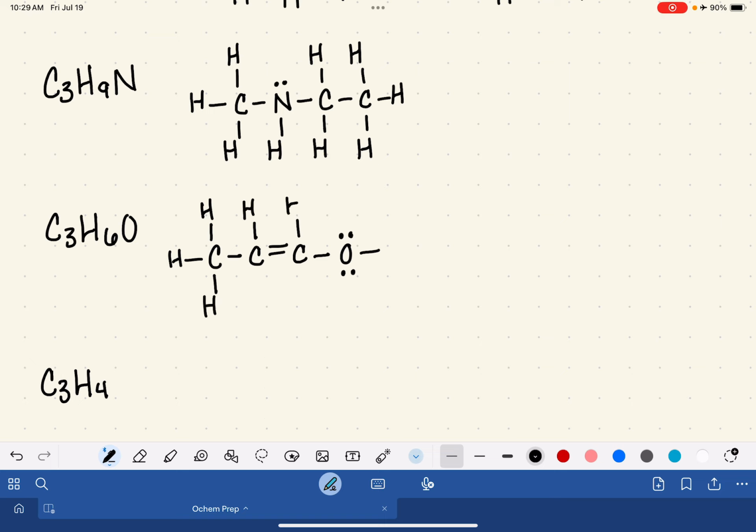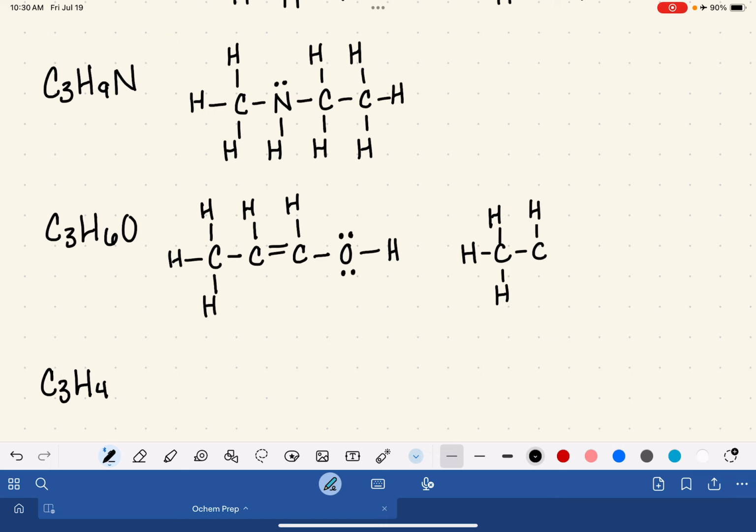Now, that may have felt really arbitrary to you because when we draw Lewis structures in Gen Chem, we have really specific rules about what to do. And here in this case, I'm just saying, just do whatever you feel like. Put a double bond somewhere. What the heck? Why not? But that's how it works in organic chemistry. And again, there are many correct versions of this particular molecule that would satisfy this C3H6O formula.